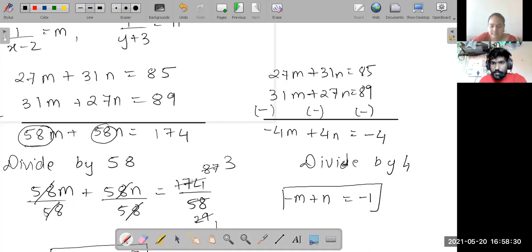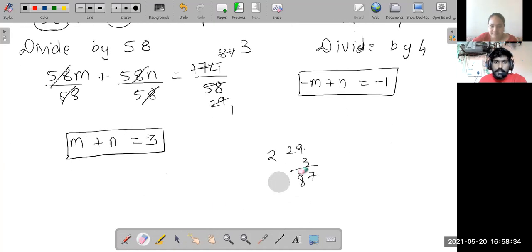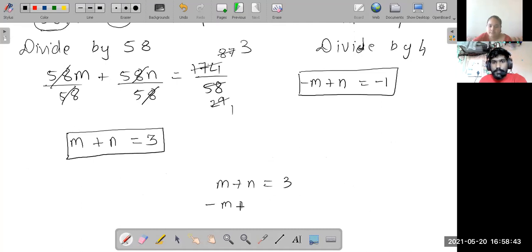So this is the next equation. You see the two new equations. First one was m plus n is equal to 3. Second one was minus m plus n is equal to minus 1.